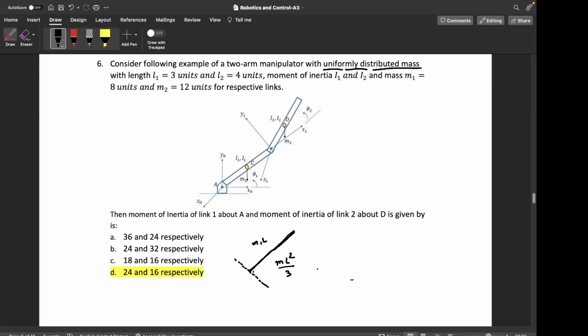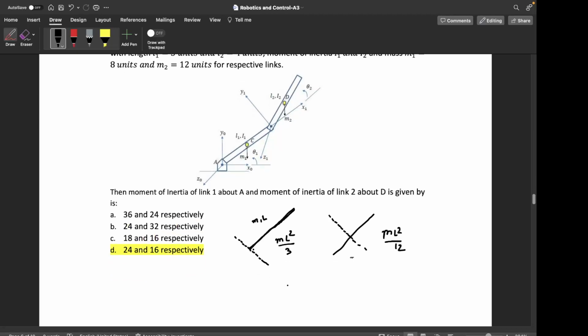And in the same case, if it's rotating about an axis passing through the center of mass, then it is ml square by 12. Here, link 1 is rotating about one of its ends, so it's the first case. Since it's asked about point A for link 1 and point D for link 2, the second case applies to link 2, where we find the moment of inertia about an axis passing through the center of mass. So you can straightforwardly use these formulae.